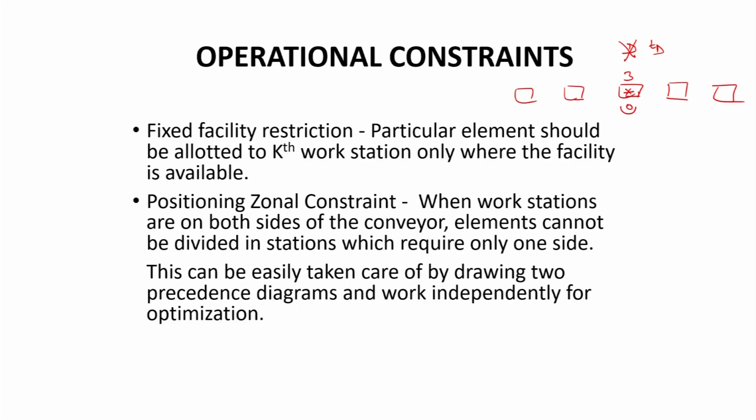Similarly, there may be a conveyor which has workstations on both sides. Work is carried out on both sides of the conveyor, especially in the assembly of a motorcycle or a car, such big units, where workers work on both sides. In that case, we can divide the total assembly task into two categories, one to be carried out on the left hand side and another on the right hand side.